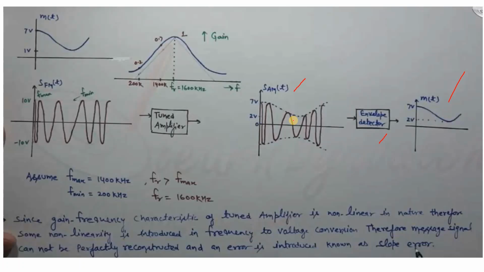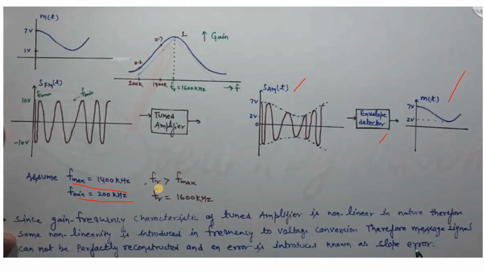This m(t) is similar to the m(t) you used while doing the frequency modulation. Then F max, you know this one. F max is 1400 kilohertz, and maybe F min is 2 kilohertz. You should understand this very simply. F max of 1400 kilohertz is obtained when the input signal is at its positive peak, and F min is obtained when the input is at the negative peak of the modulating signal.